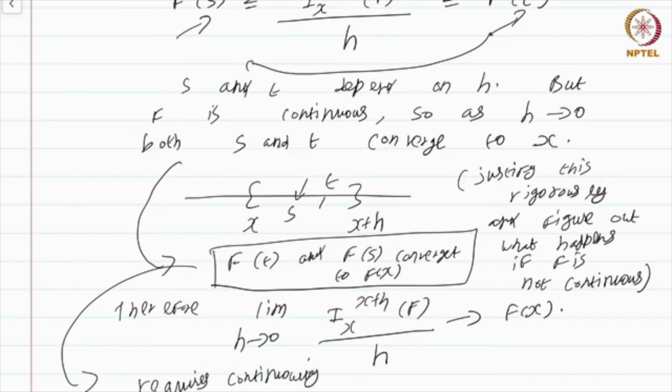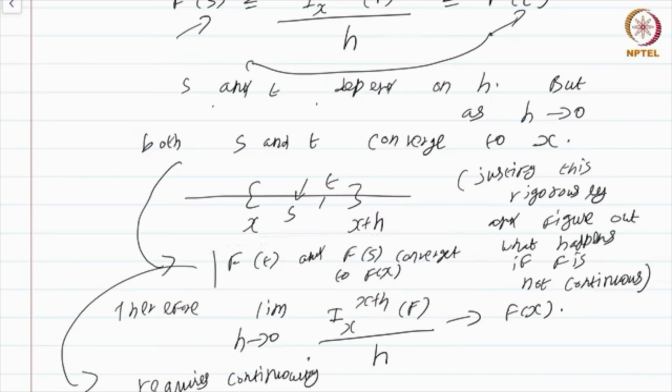As h converges to 0, both s and t converge to x. Therefore, because f is continuous, f of t and f of s both converge to f of x. This is the part I want you to rigorously justify. This is actually just one line.